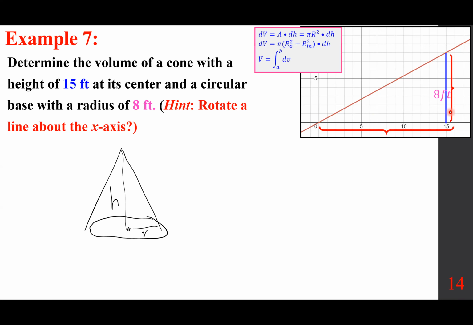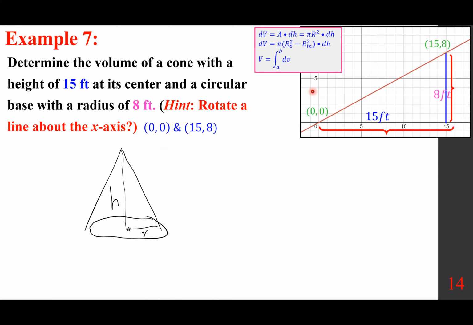We want the height to be 15 feet. By the way, you can do that in a different manner. You can make this one standing up along the y-axis, makes no difference. This is along the x-axis. So we have this pair 0, 0. We have this pair 15, 8.